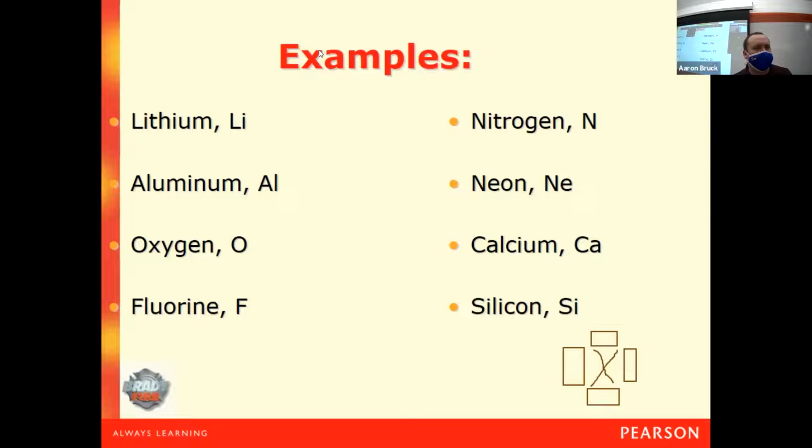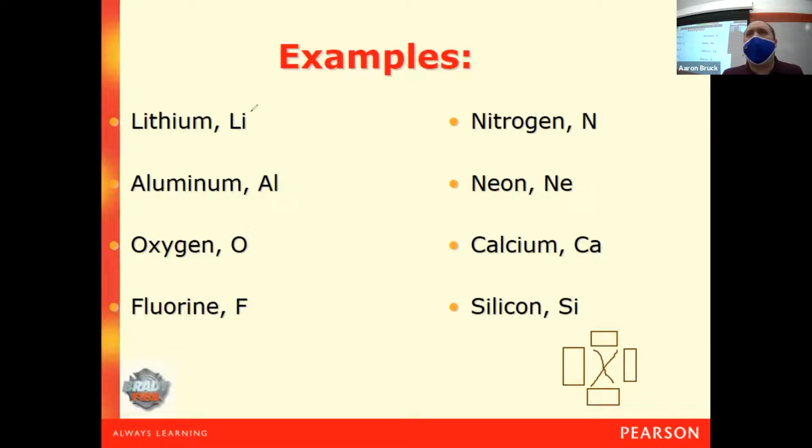So our first one, for lithium, we are going to draw in our dots. Now, lithium is element number 3. It is in group 1A, so it's going to have 1 valence electron.